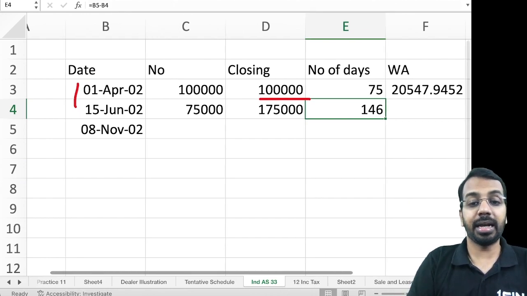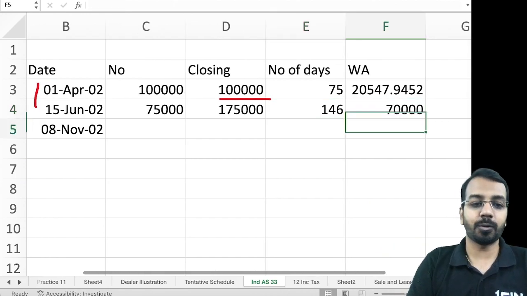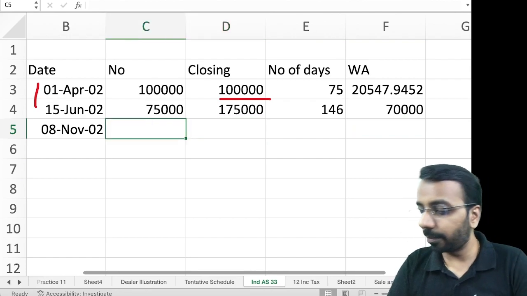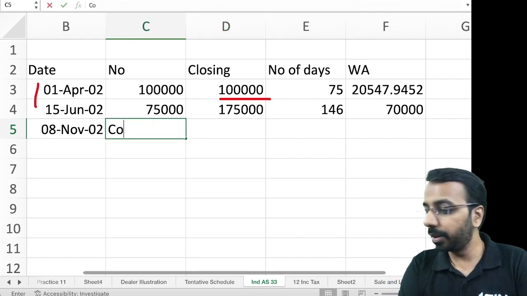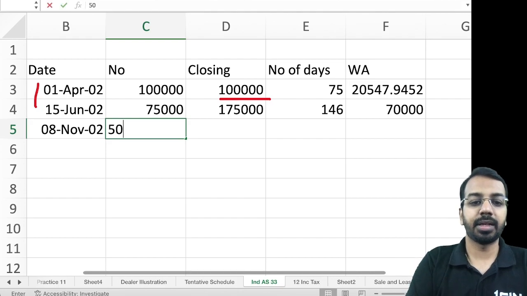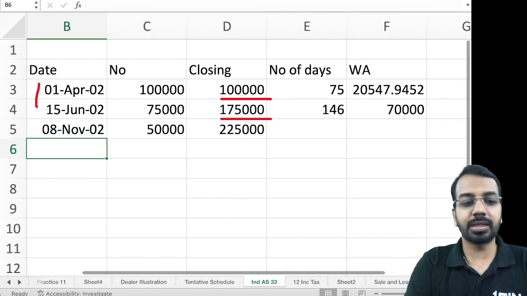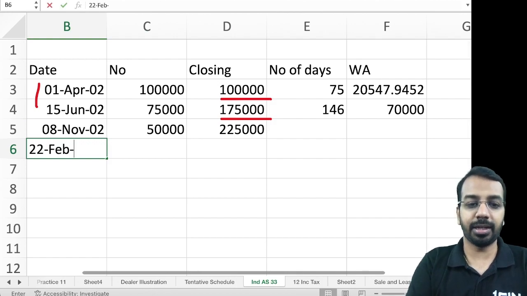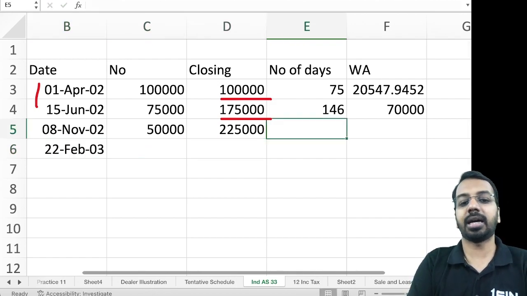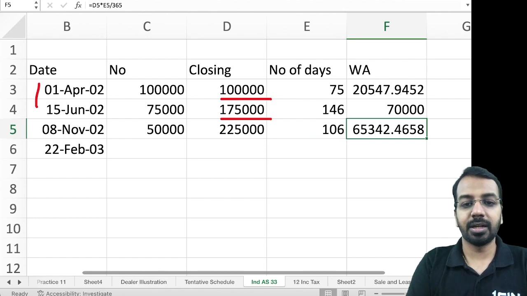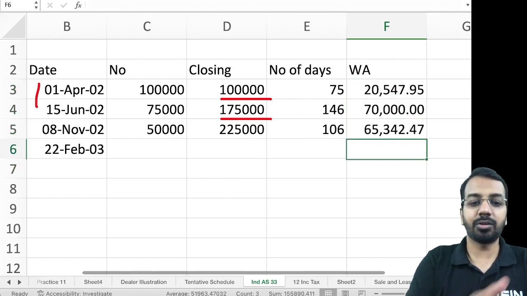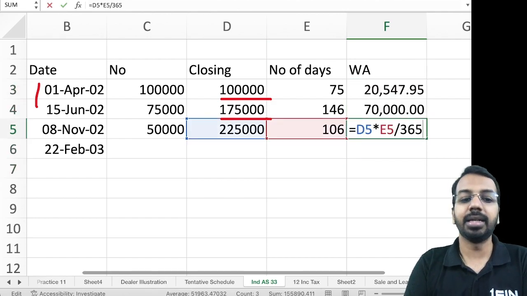Weighted average comes out to 70,000. Then on 8th of November, conversion. How many shares? 50,000 shares. So closing is 225. And when does the next change happen? 22nd of February of year 3. So the number of days are 106. Weighted average is 65,000. So basically 22,500 into 106 divided by 365.